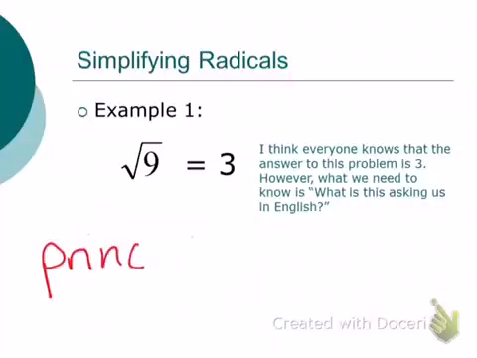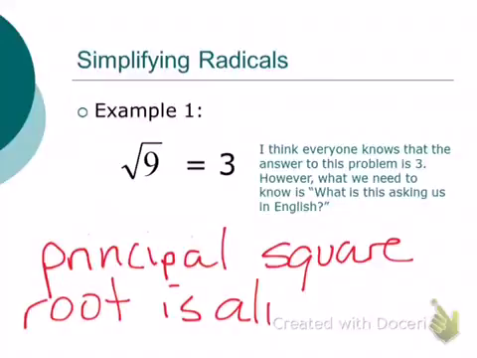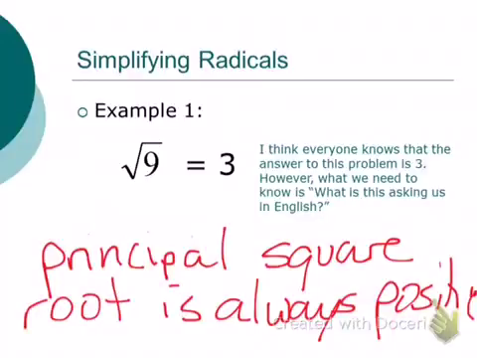The principal square root is always positive by definition. And that's what this symbol is asking for. The principal square root of 9 is positive 3.